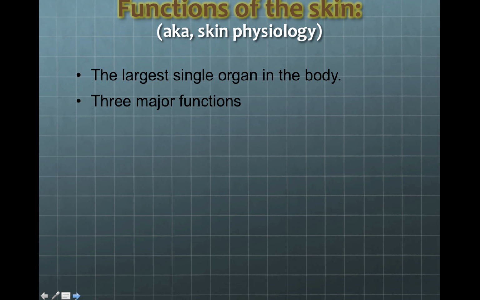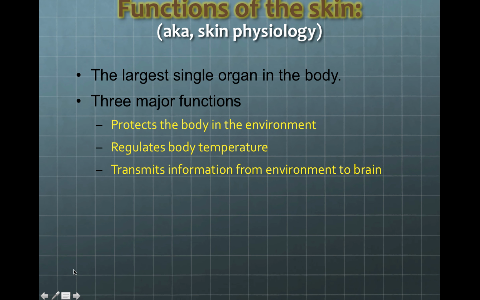So the functions of the skin, as the largest single organ in the body, tend to fall into three categories: protection from the environment, and regulation of body temperature, which is a big one, particularly in small children. They have a very immature thermoregulatory ability, so that's important to know.